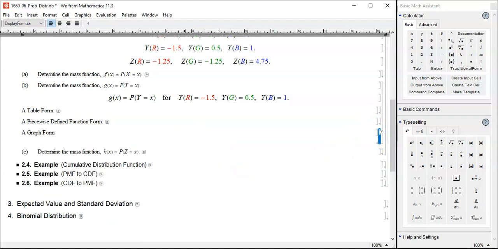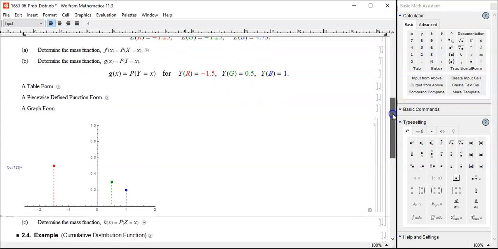How about the graph? Okay, I'll show you the graph. Horizontally, we have x values, negative 1.5, 0.5, 1. And then vertically, we have probabilities: red 5/10, green 3/10, blue 2/10.